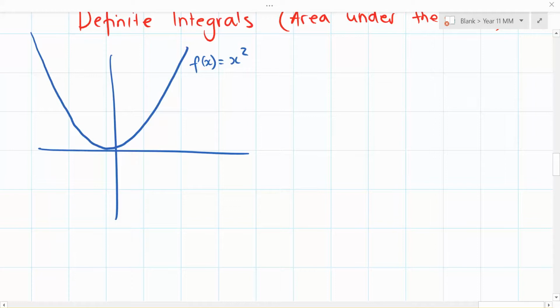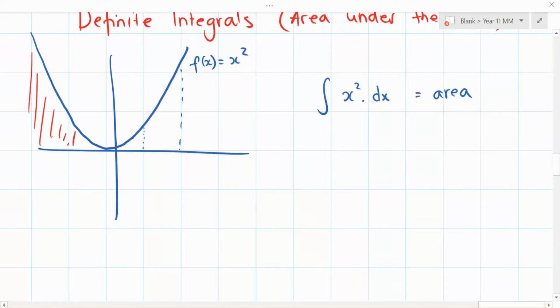Because if I wanted to find the integration, which is apparently the sum of all rectangles, and it's x squared multiplied by dx, so length times width, this is meant to tell me the area under x squared, true? And the area under this curve would be all of this region here.